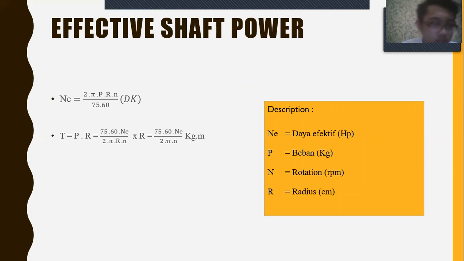The formula of torque is P × R. And next, 75 × 60 × NE divided by 2 × π × n, with the unit kilogram meter.